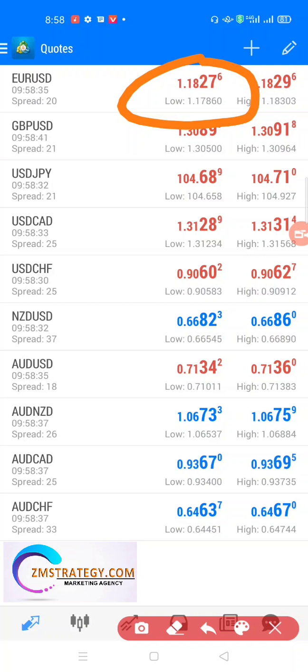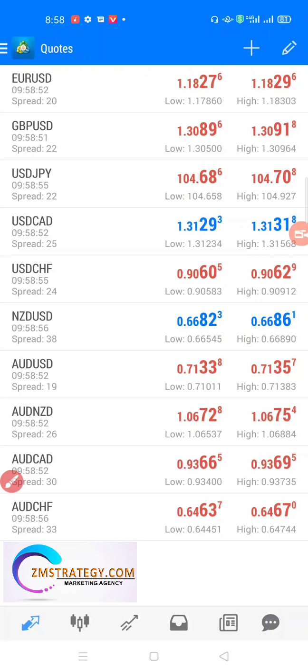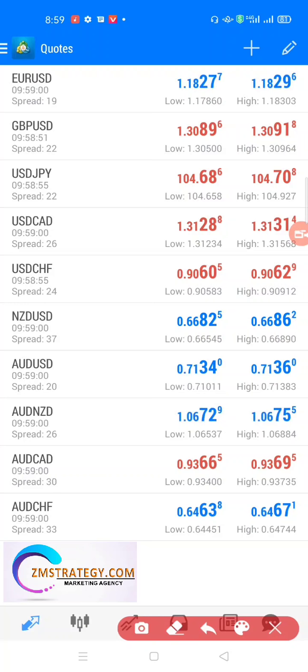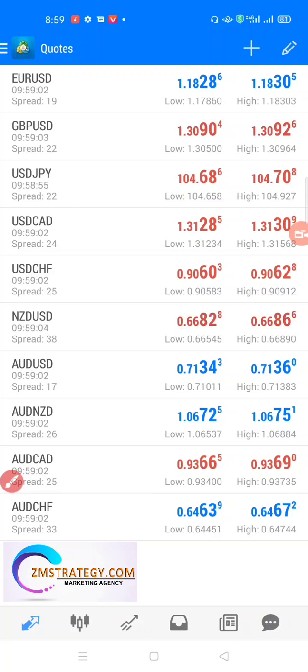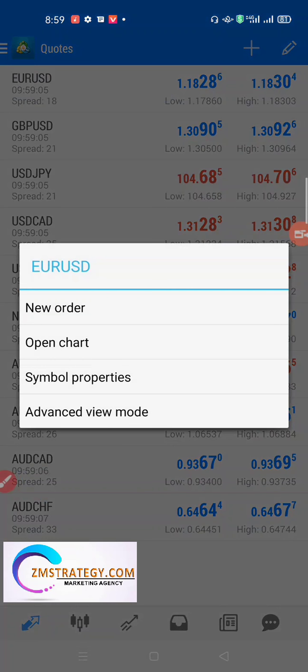Now we are left with 1.1827. That is what we are going to be working with. Now, how can we know the number of pips?